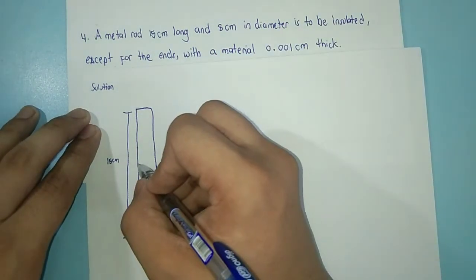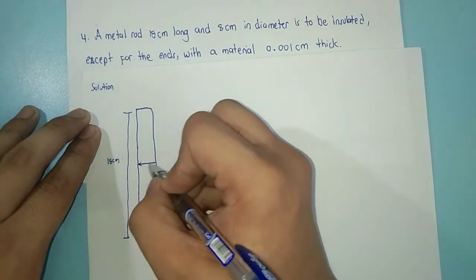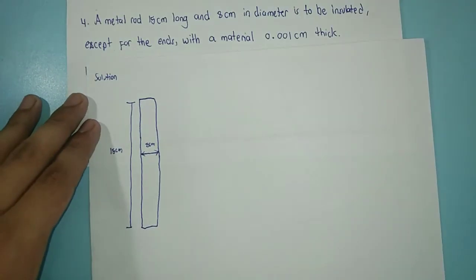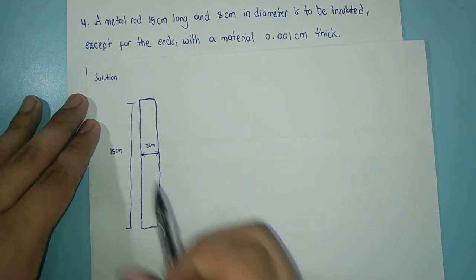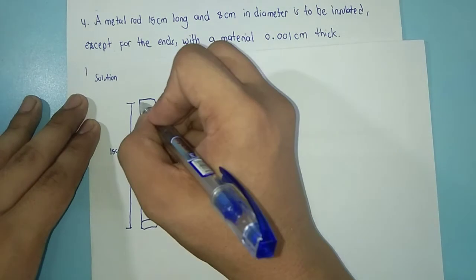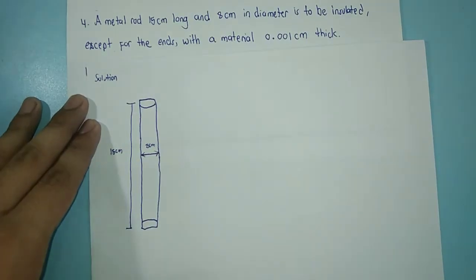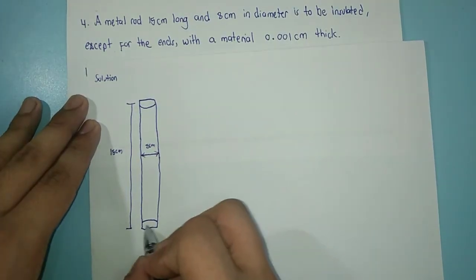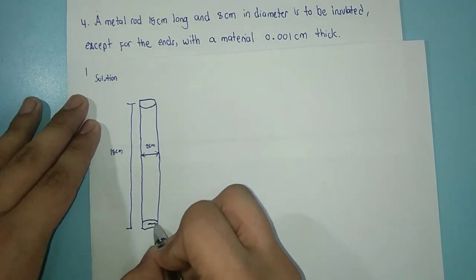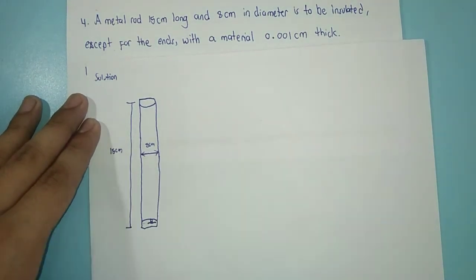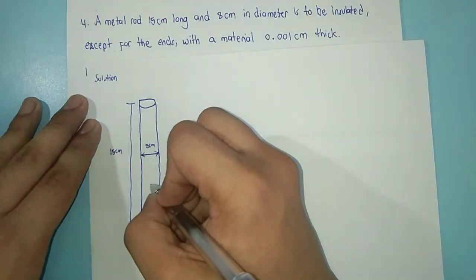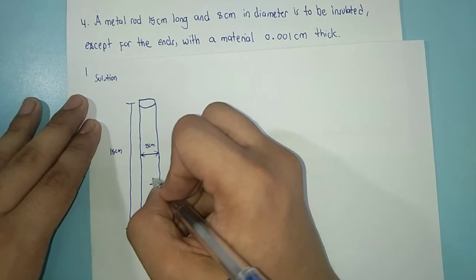Sabi ko nga, para siyang cylinder, na ito yung circle niya, yung 8 cm. So, ibig sabihin, yung radius niya, 4 centimeters.